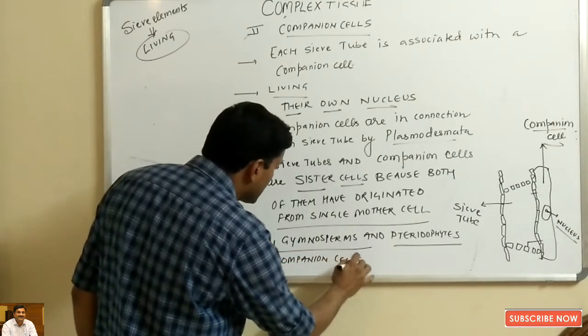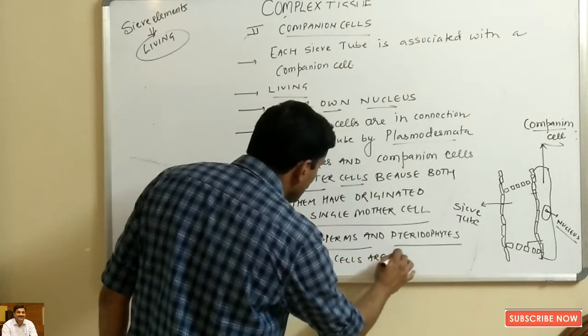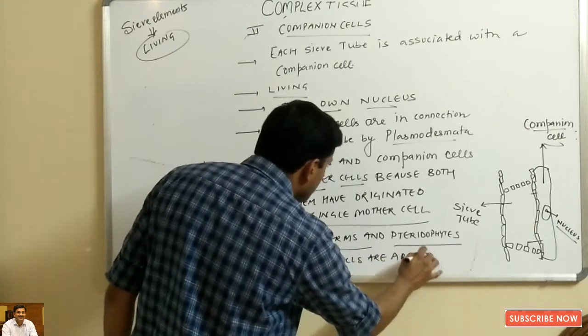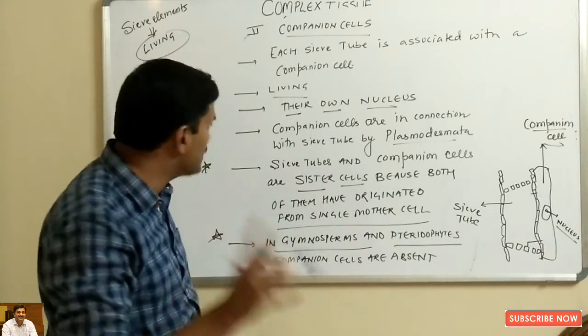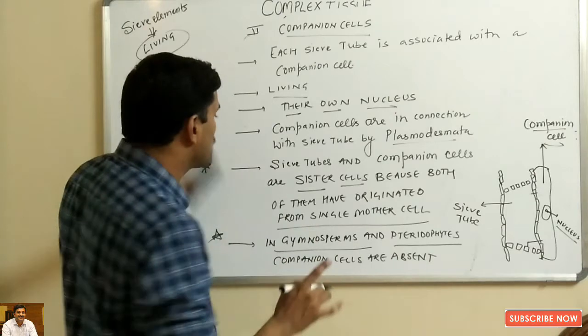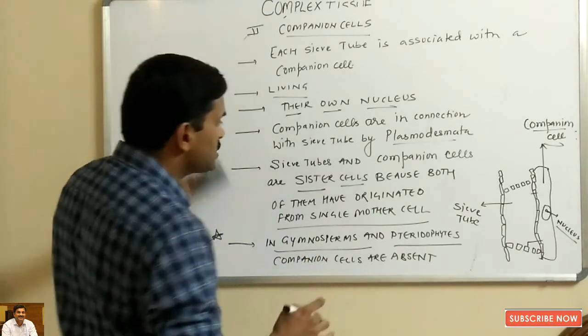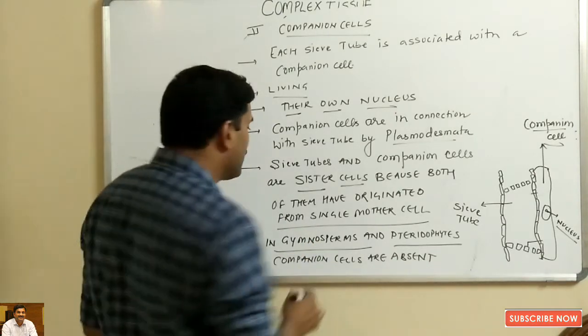Companion cells are absent. It means the presence of the companion cell is the feature of the angiosperm. So you must know that in gymnosperm and pteridophyte, companion cells are absent.